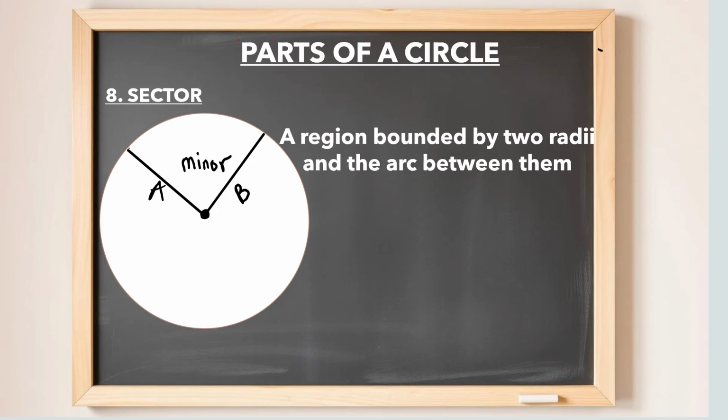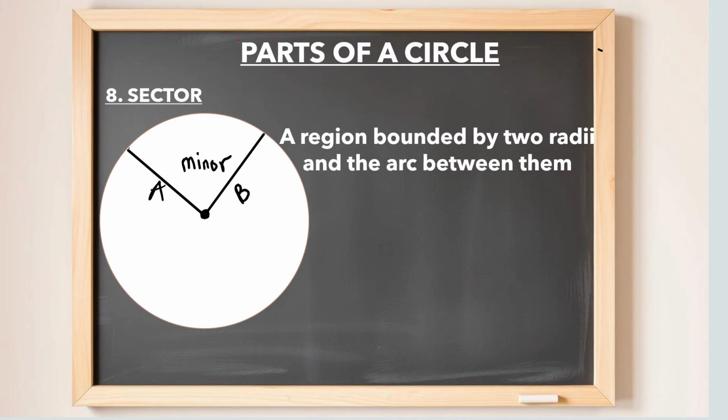And this is a sector. A sector is different from a segment. If you go back to the definition of segment, you will see that it is defined by a chord and an arc. But a sector is defined by what? The radii and an arc.